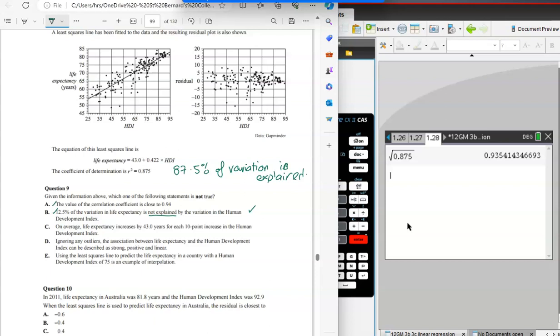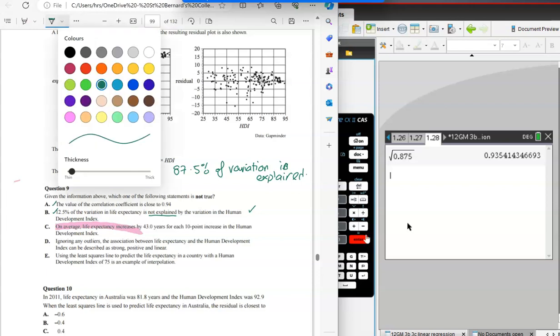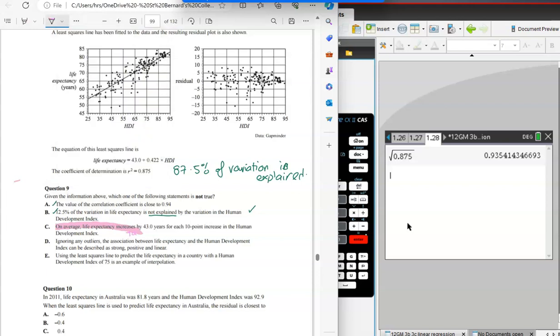When you see this wording here, I'm just going to show you. When you see this on average, something increases, that is talking about the gradient. So it's talking about the B value.